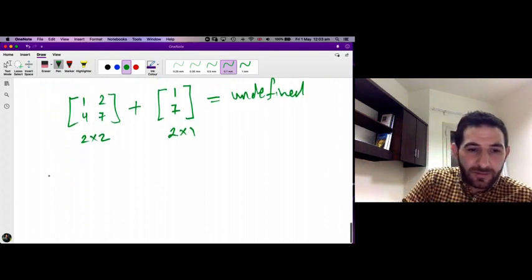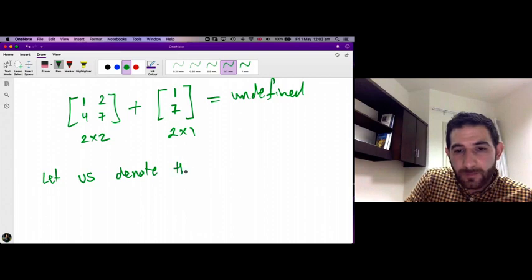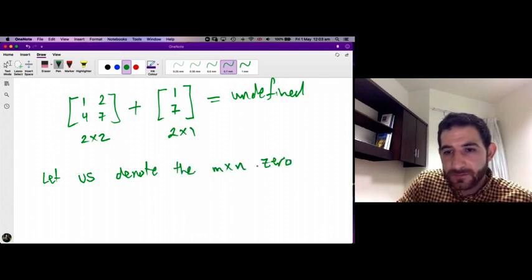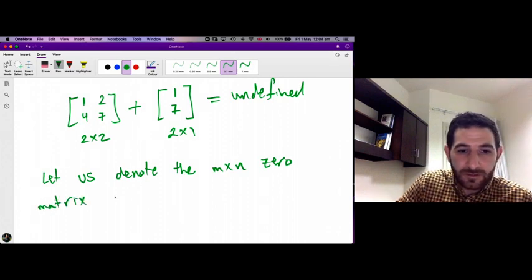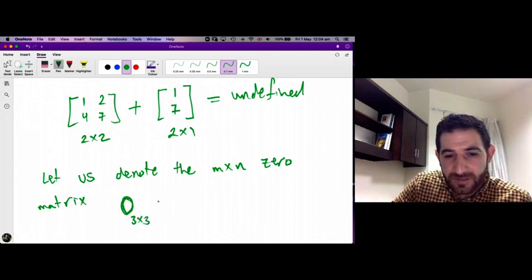And finally, let us denote the m by n zero matrix by bold 0. Say for simplicity 3 by 3. What is the zero matrix?